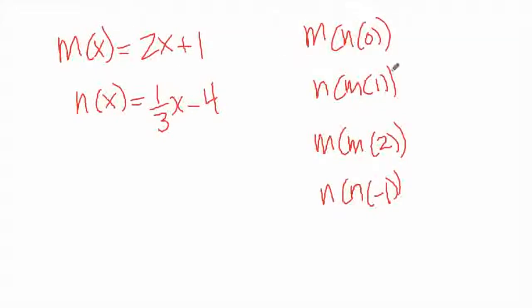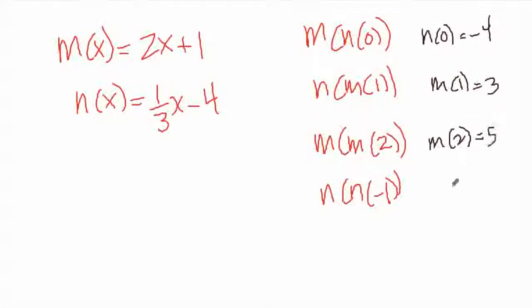Okay, so I'm going to do the inner functions before I wrap it up. So n of 0, let's first get that. That's minus 4. m of 1 is 3. m of 2 is 5. n of minus 1 is minus 1/3 minus 4, that's minus 13/3.